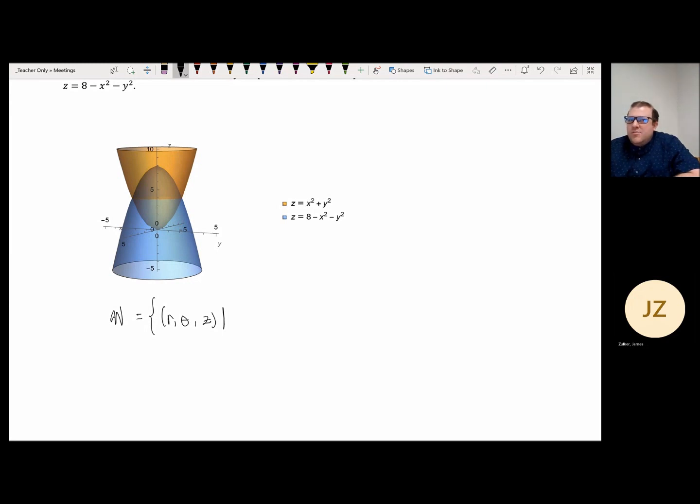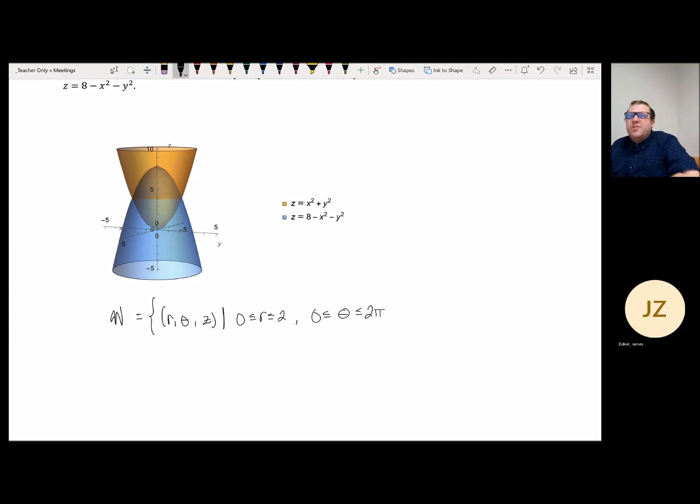Describe a circle of radius 2 in polar, which is r theta. r would be from 0 to 2, and theta would be from 0 to 2 pi.